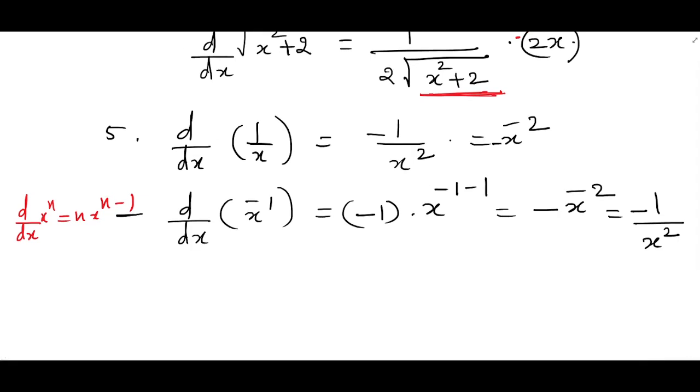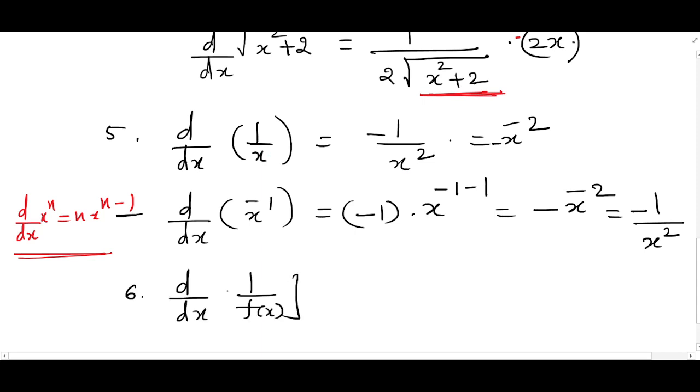So again we are using the same formula, but it would be easy if we remember the derivative of 1 by x as minus 1 by x square. Okay? Instead of 1 by x, if I am taking 1 by f of x, we will not always get it in the form of x.